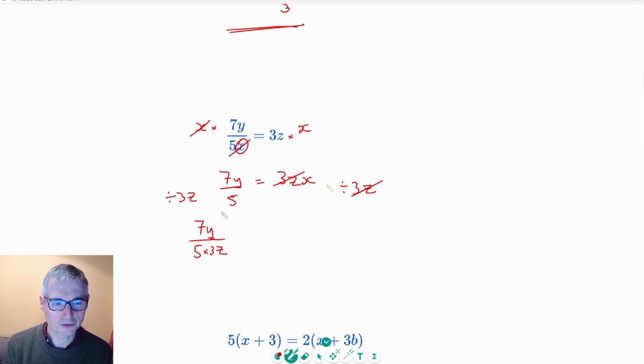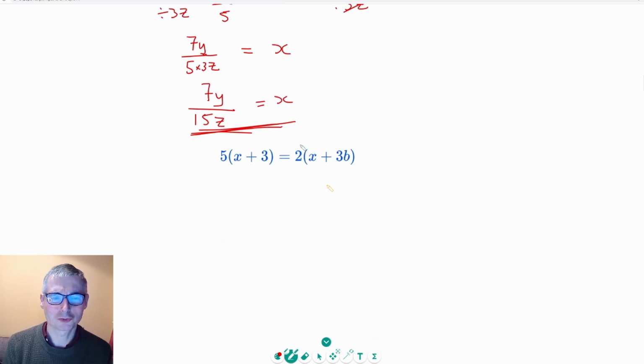So that's the same as dividing the whole of this by 3z, just multiplying by 3z in the denominator. And that equals x still. So I'm just going to tidy up the bottom line there. So I've got 7y, multiply the numbers together, over 15z. And that's equal to x. So x is the subject because it's on its own.